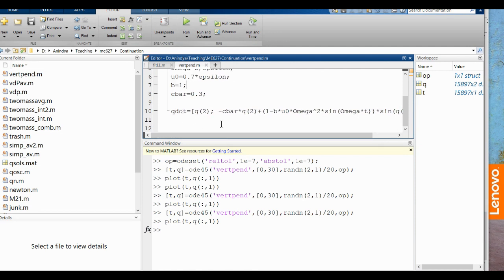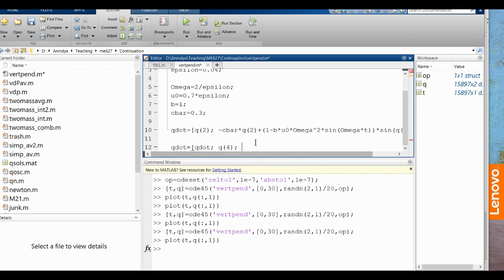So what I will say here is q dot equals q dot and then q4, because now I am writing two second order equations for the A part. I hope it is clear. If you look at it slowly, maybe pause it, it should be clear to you. And then now we have to write the other one.